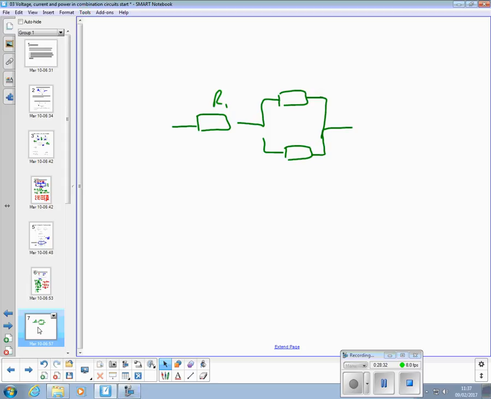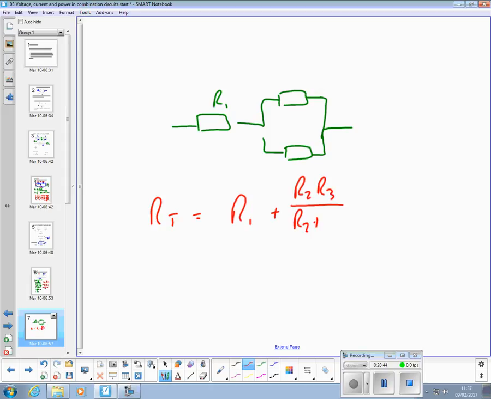So you'd have to do RT is equal to R1 plus R2 R3 over R2 plus R3, using the parallel product over sum rule for parallel resistance on that bit. And to do that process, you need to be able to write that out all in one go.